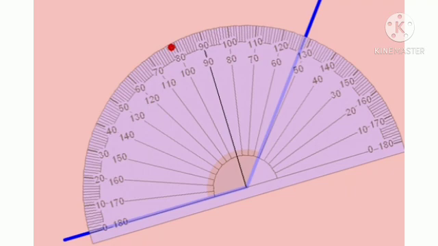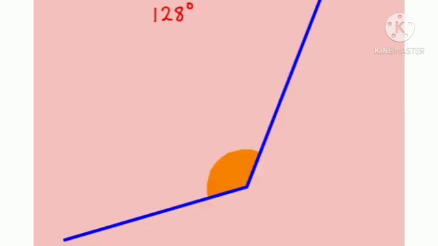I'm going to go all the way round to 120, and then I can see that it's 8 more degrees. So the answer is 128 degrees. I can check this one by seeing that I've got an obtuse angle here. My answer is more than 90, but less than 180, so this is also an obtuse angle.